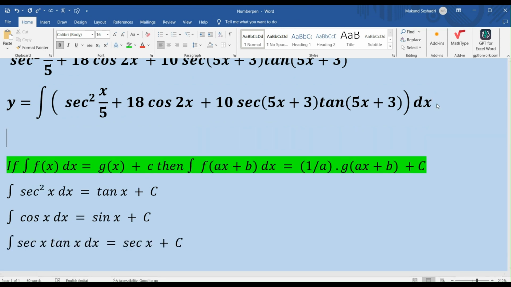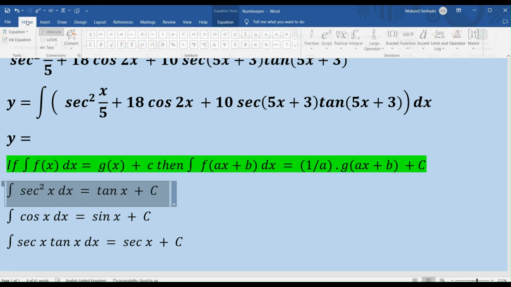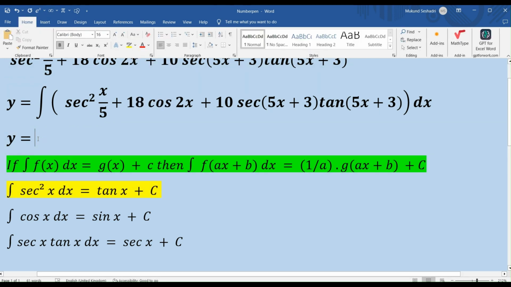So let's go to the next line. I'm going to write my y. Integral of secant square x by 5 dx is what we have first, right? So let me highlight the formula in yellow. I'm going to be using the formula highlighted in yellow, and connect it with the rule that we saw, which we have highlighted in green, right?